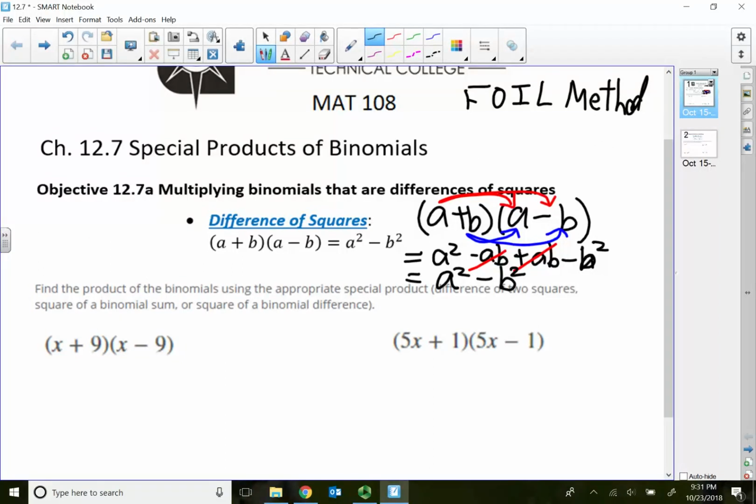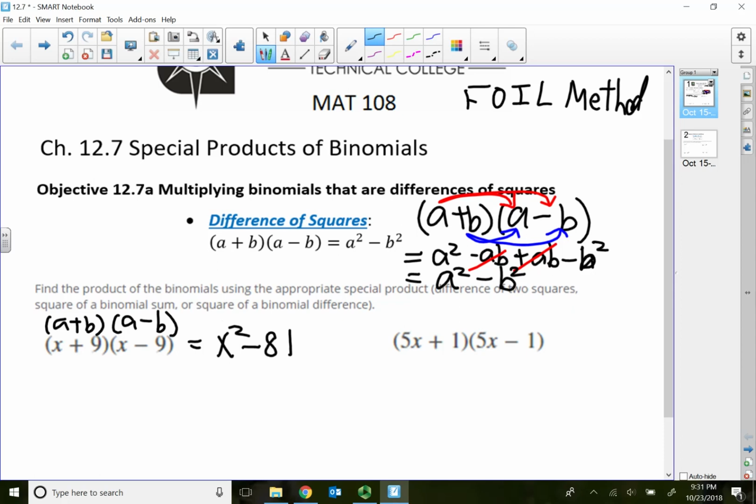So if we take a look at this example and think about the difference of squares formula, a plus b times a minus b, my a is x, my b is 9, one positive, one negative. The a's are the same, the b's are the same in the two parentheses, so this is a difference of squares. Then the answer is always going to be my a, which is x, squared, minus the b, which is 9, squared. 9 squared is 81.